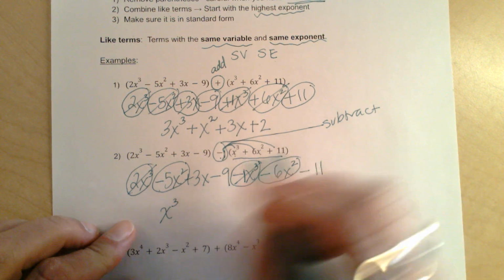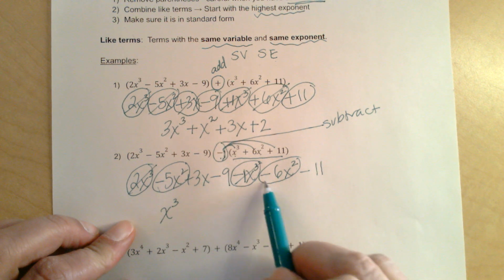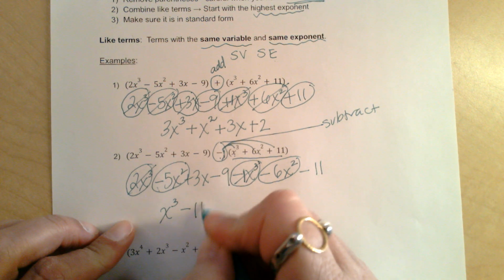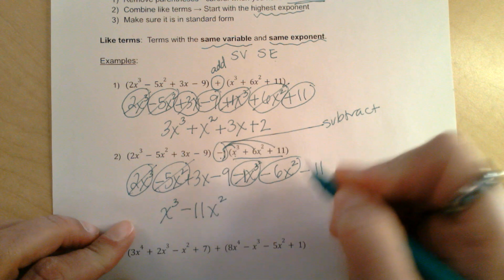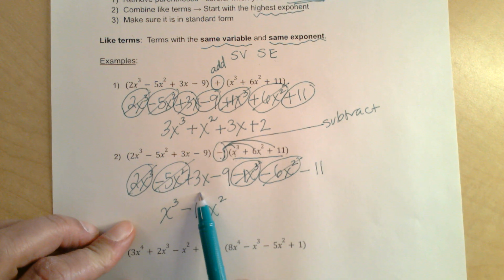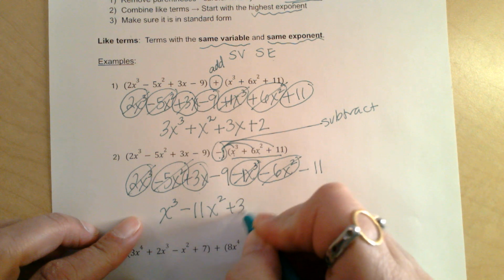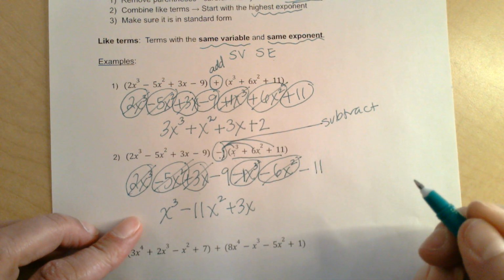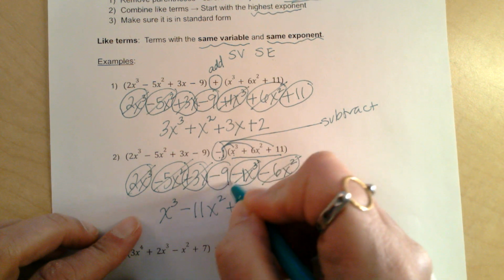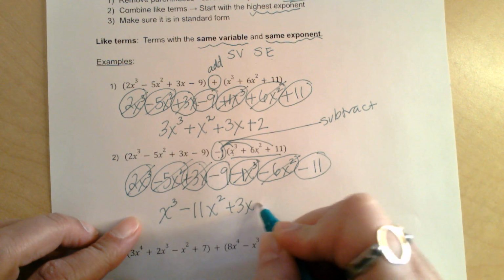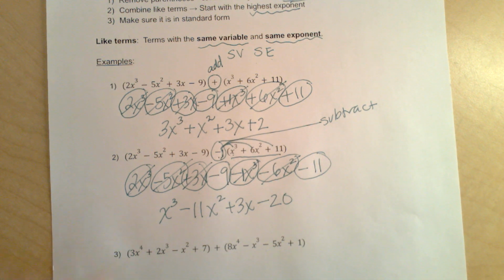I circle those, so I get a negative 5x squared minus 6x squared gives me a negative 11x squared. Cross that out. Plus 3x, I see no other x's, so I'm going to circle it, bring it down, cross it out. There's nothing else to combine it with. Then I have negative 9 minus 11 gives me a negative 20.